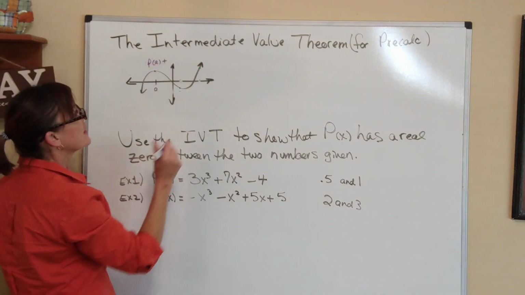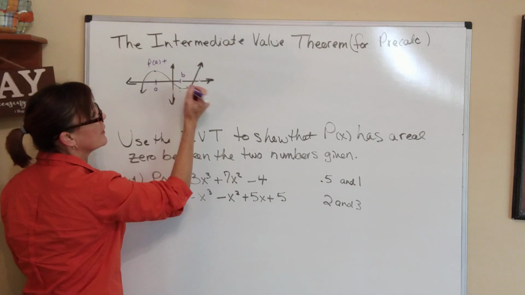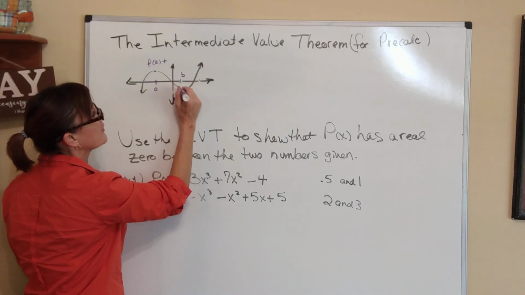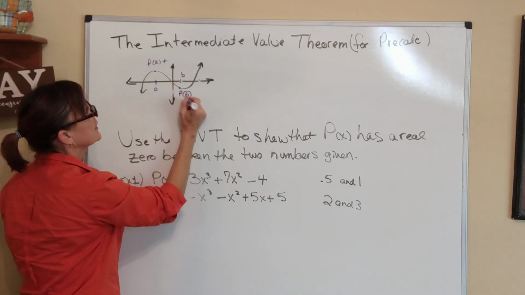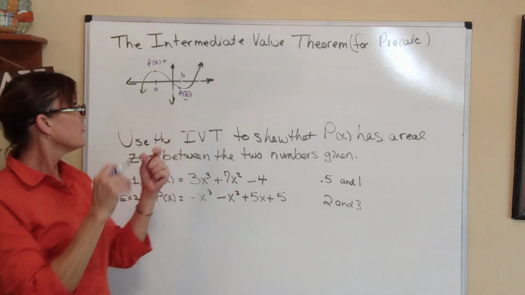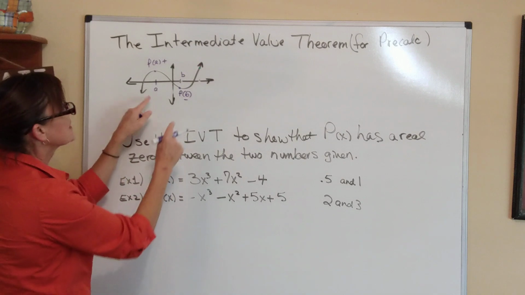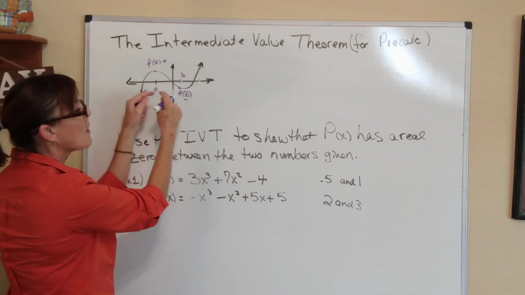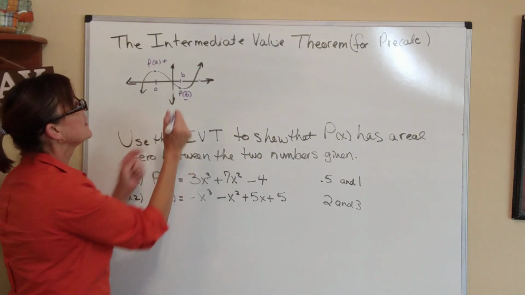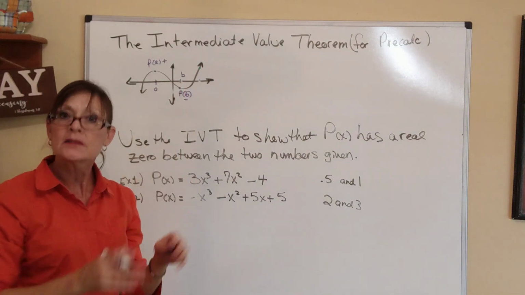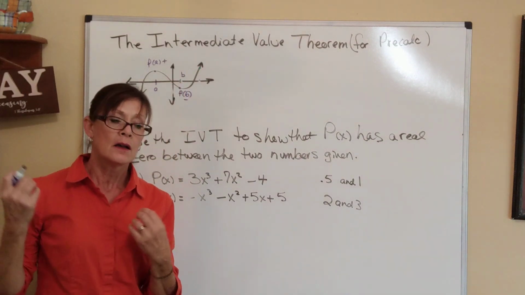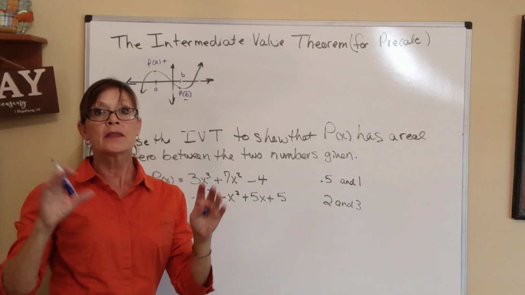And then we can find some other value of x called b where the y value lands negative. If the y value changes from positive to negative between x is a and x is b, then somewhere on that interval between a and b there is going to be a zero crossing point because we're dealing with a continuous function. So that is what the theorem says.